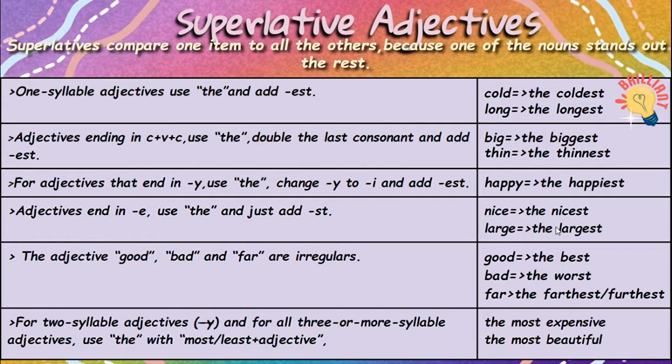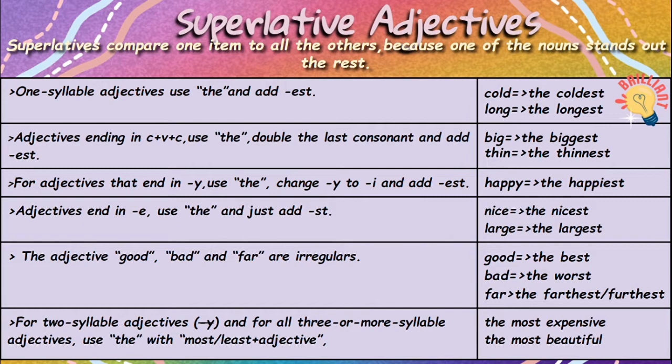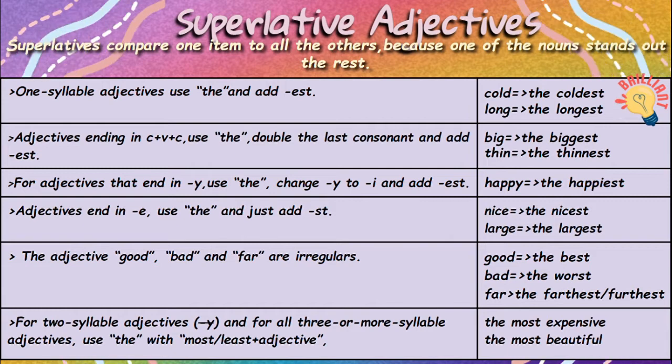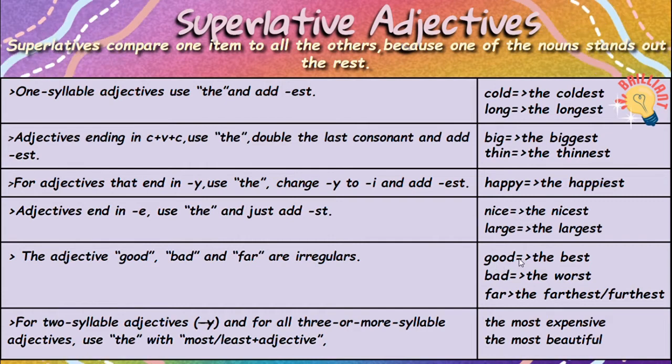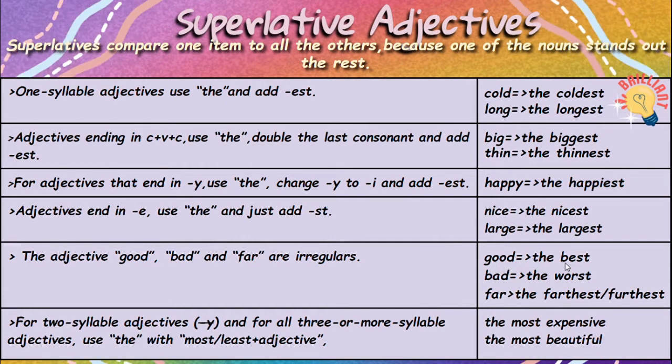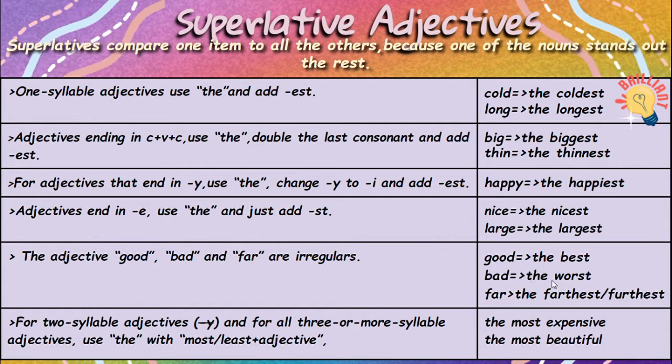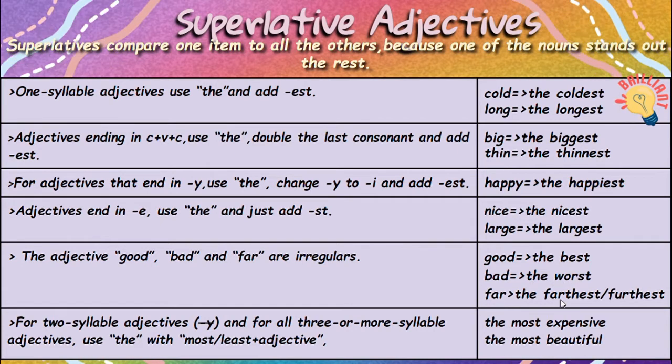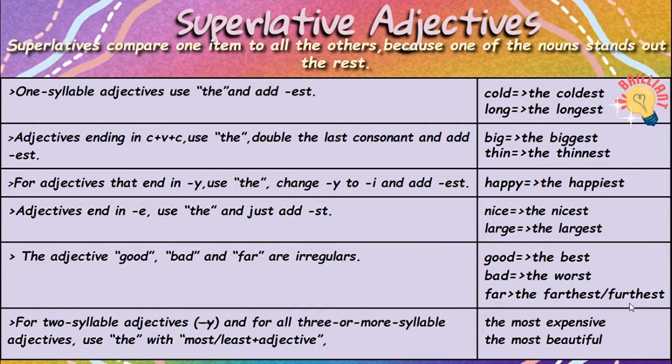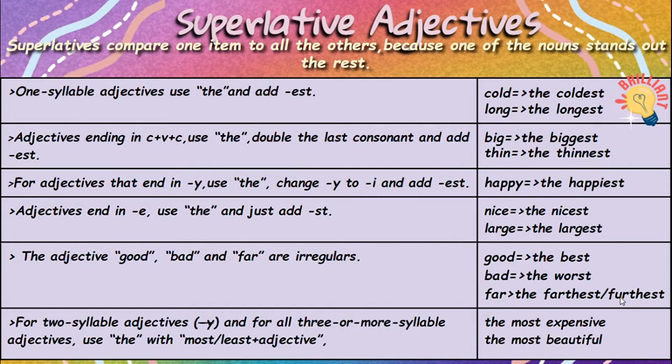Adjectives good, bad, and far are irregular. Please pay attention in this part. Good becomes the best, bad becomes the worst, and far becomes the farthest. We have two forms, and both are correct.